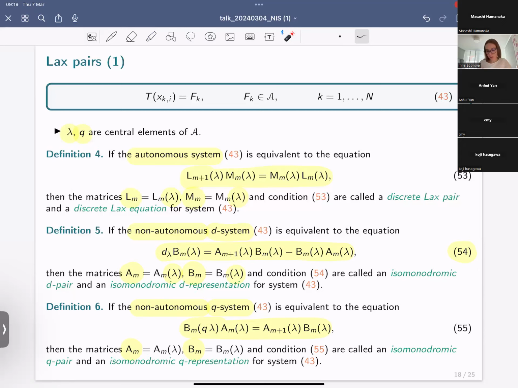So in each case, we have discrete Lax pairs of autonomous type, of D type, and of Q type.